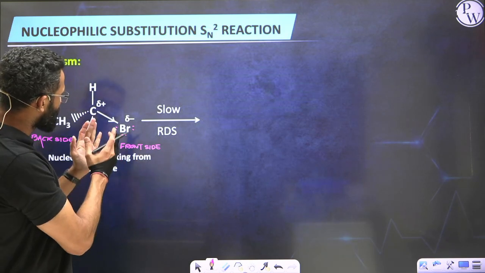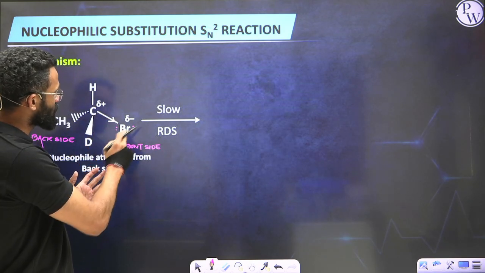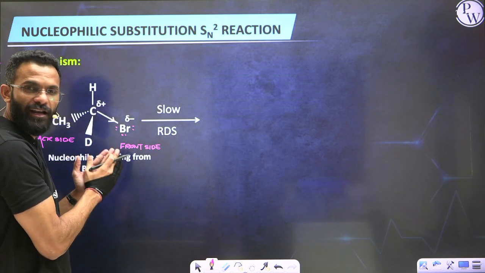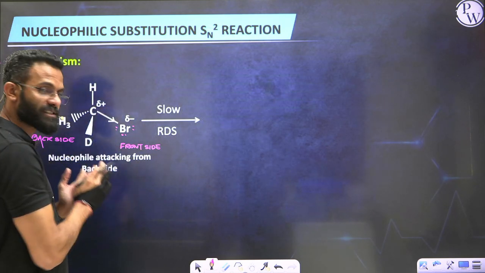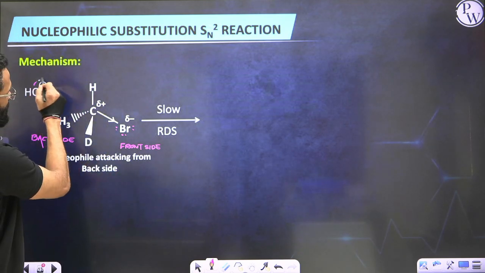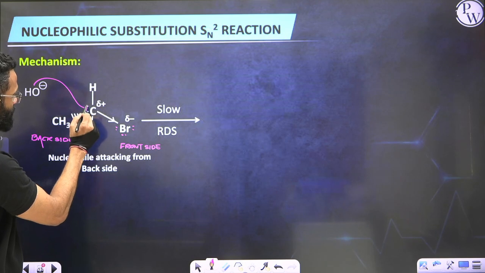Secondly, the front side is substituted by a relatively larger size halogen atom which will not allow nucleophile to approach from the front side. Hence the attack of nucleophile at the deficient carbon takes place from the back side.